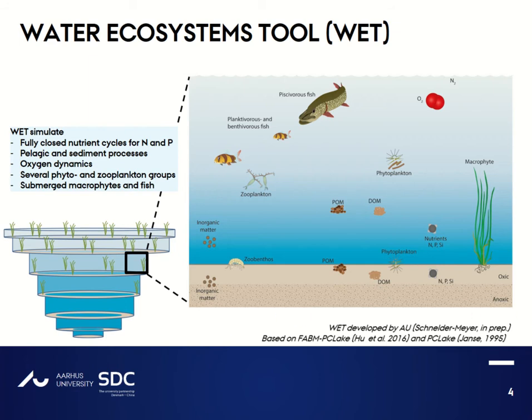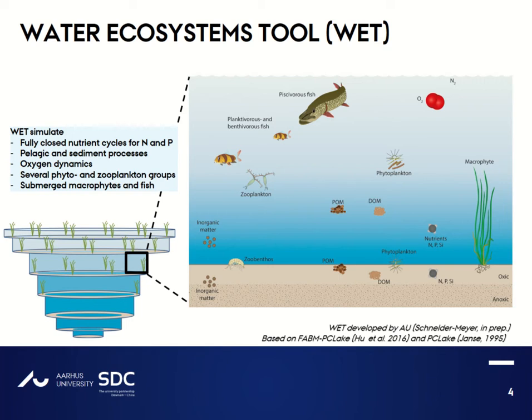In each water layer, you'll find the most important pools in a lake ecosystem. For example, organic and inorganic nutrients, several groups of phyto- and zooplankton, as well as macrophytes, zoobenthos, and fish.